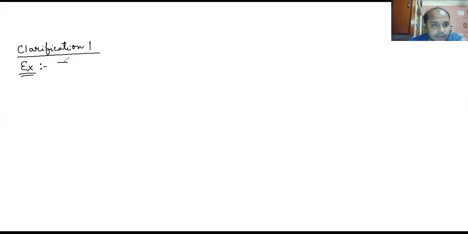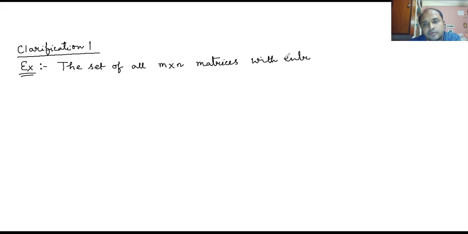The problem was: the set of all m by n matrices with entries from a field F is a vector space.